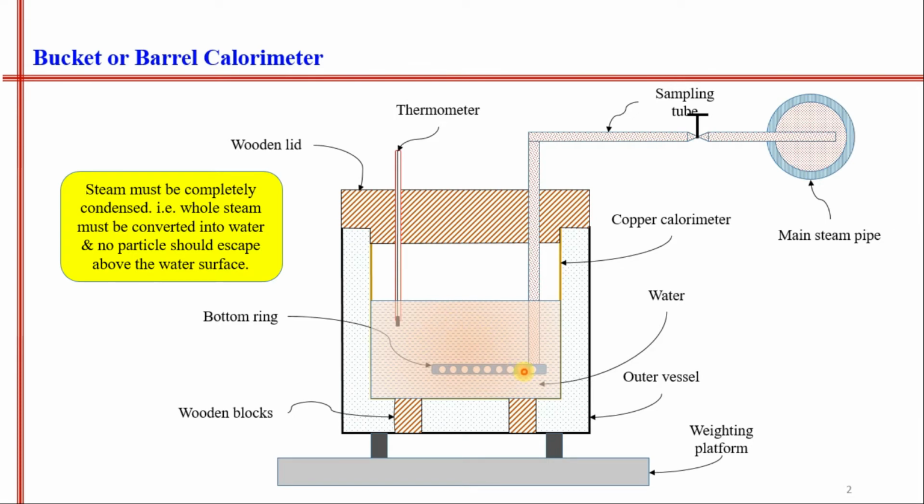When this hot wet steam comes out from these holes, it comes in contact with water outside the hole. The temperature of the water is lower compared to the temperature of this sample, so the sample steam will transfer the heat of evaporation to the water outside it. So the complete steam is condensed.